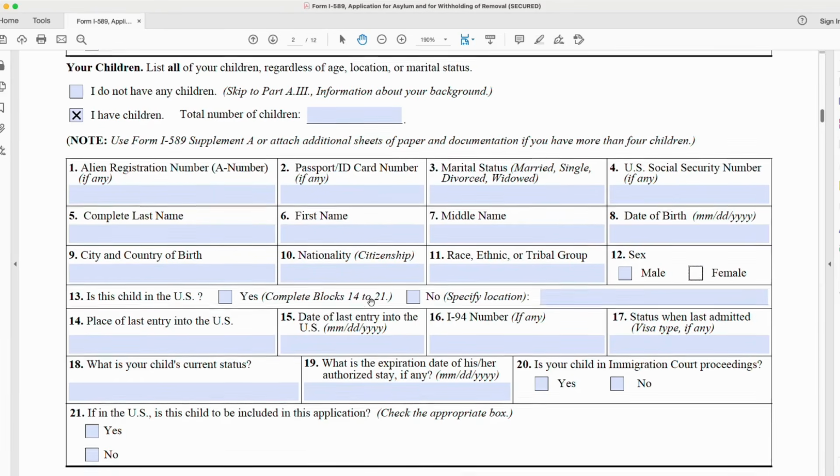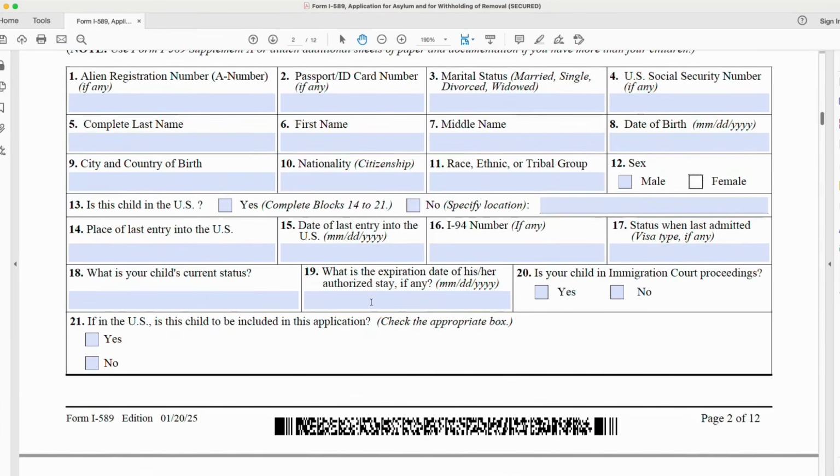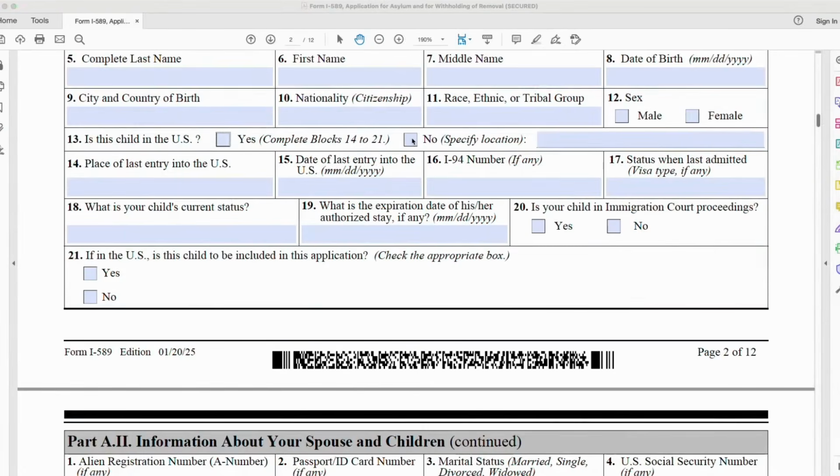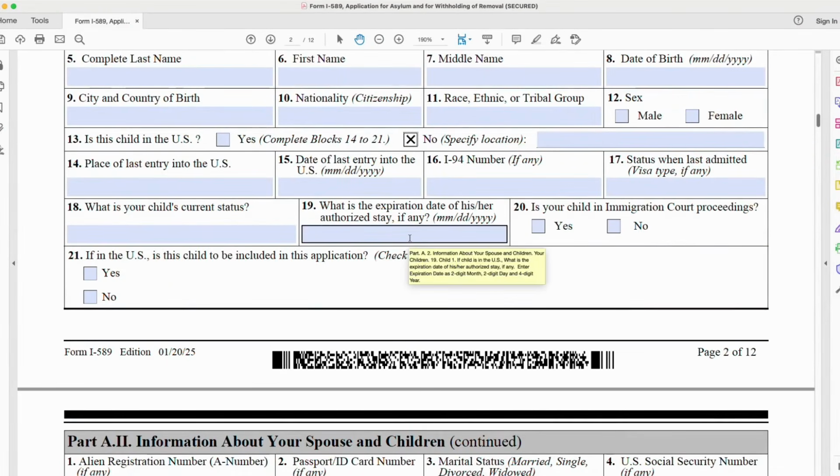For question 13, if your child is currently in the United States, select yes. If they are not, select no, and write the city and country where they live. If you selected no to this question, you do not need to complete questions 14 through 21 of this part.